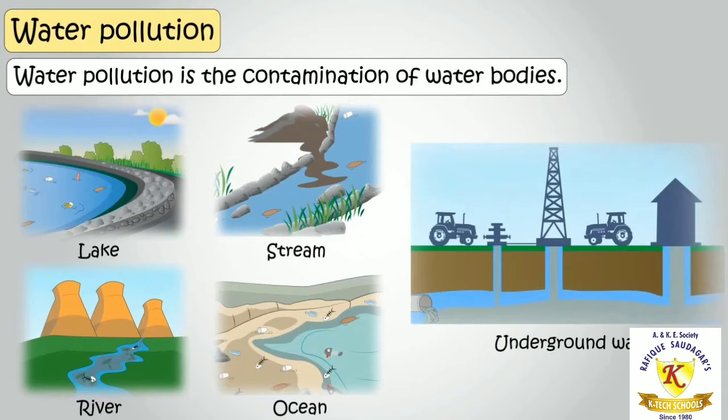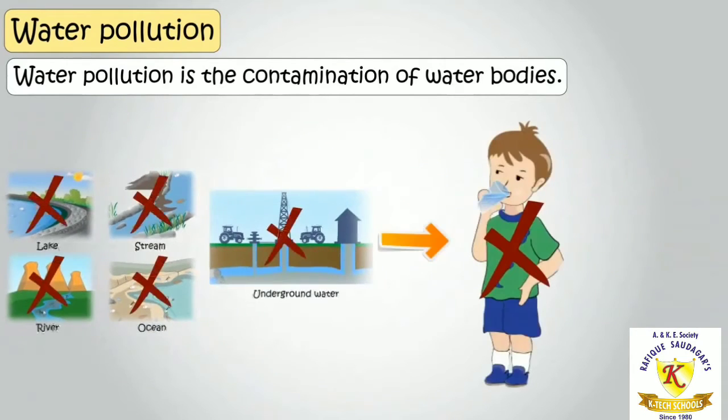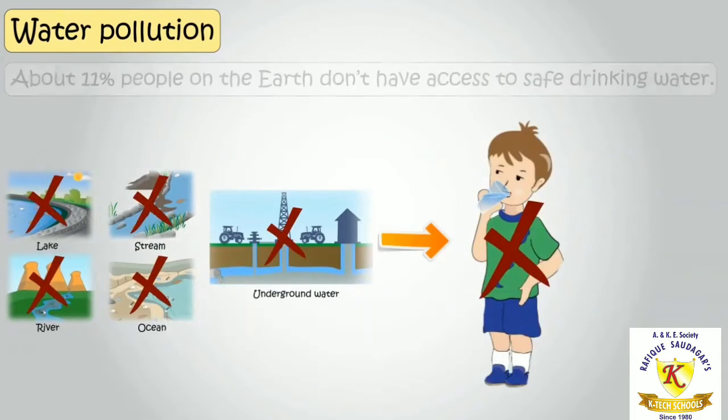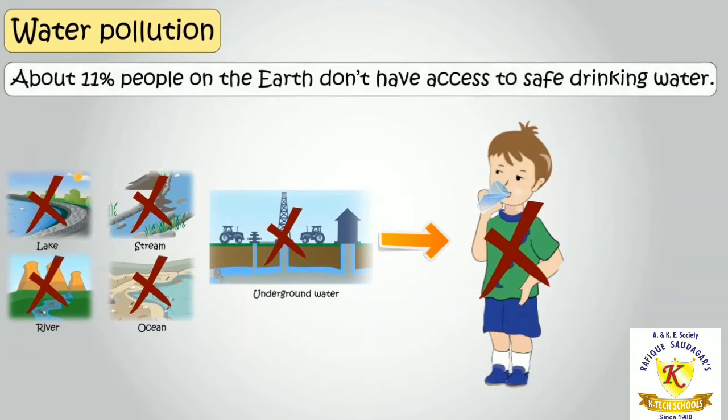And this pollution makes the water in the water bodies unsafe for use. About 11% of people on earth don't have access to safe drinking water.